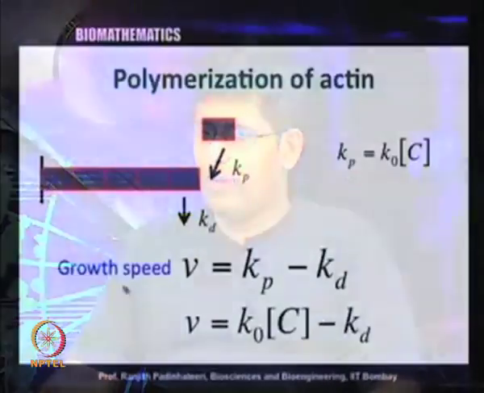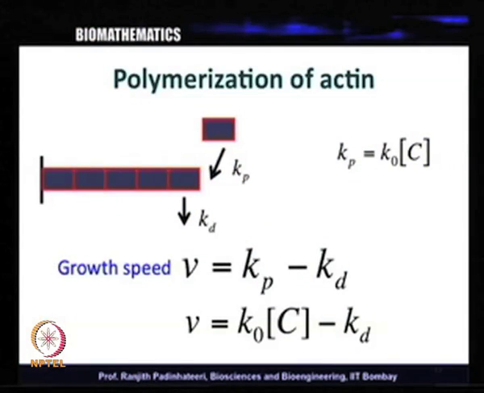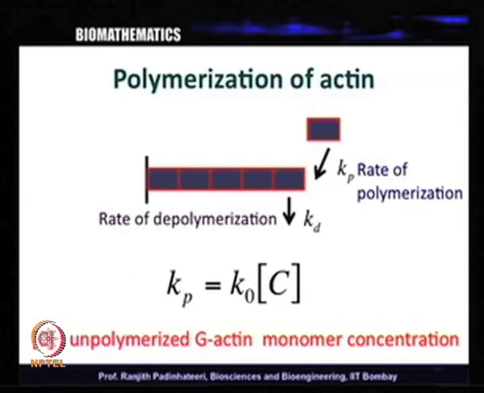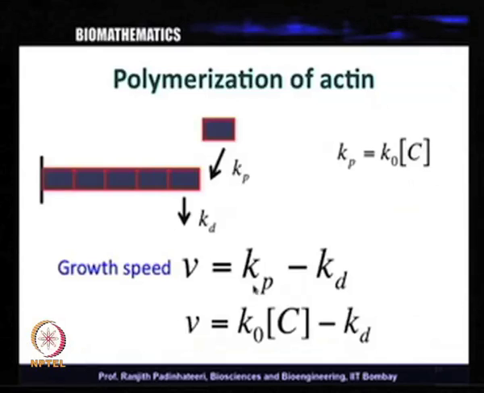Now let us look here. Once we understand that Kp is K0 times C, we can write down that the growth speed is Kp minus Kd, which is common sense again.